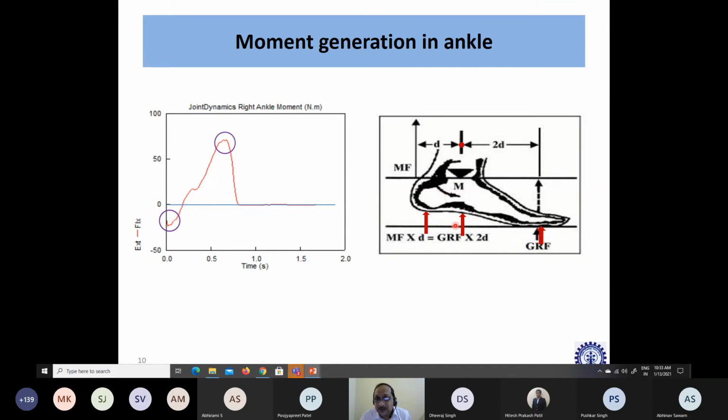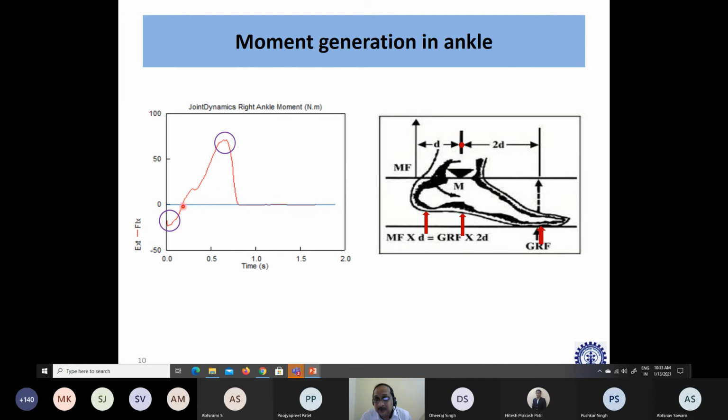When you move more towards the center, you can see this moment becomes 0, because the more towards the foot flat, the ground reaction force is aligned more through the joint center of the ankle joint.